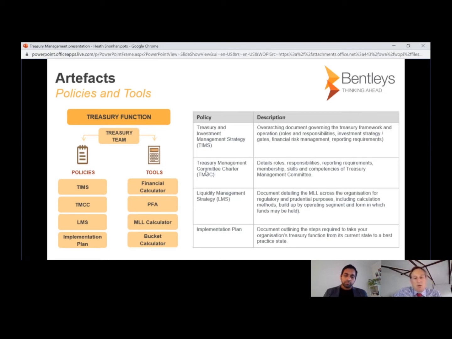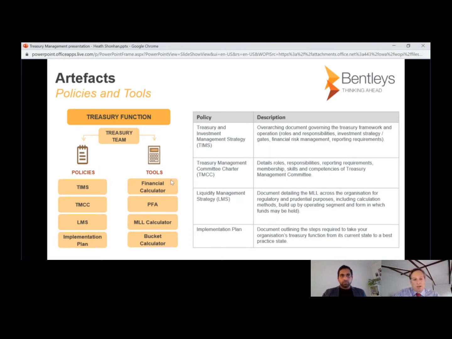Those policies will be supported by the actual detailed calculators, so a financial calculator to work out the project financial assessment and your horizons around cash flows and future cash flow forecasts. Minimum level of liquidity calculator, so you can compare and contrast what your requirements are against how much you have in each of the three buckets that we'll introduce to you very shortly.